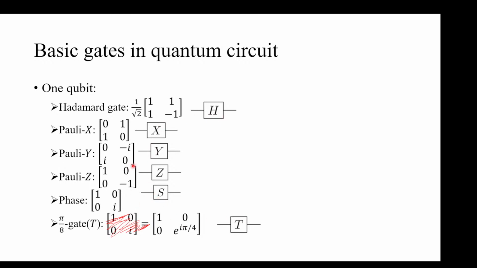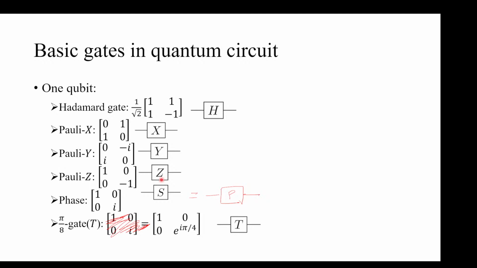That's conventional. And one more thing: for the phase gate we use the notation S here, but in the literature, because it's called phase, sometimes people also call it the P gate. P for phase. It's just notation.